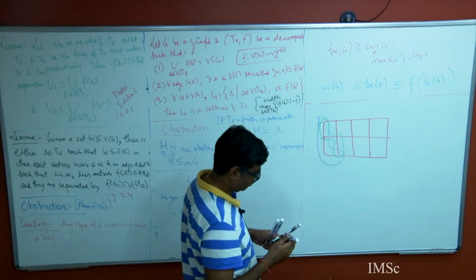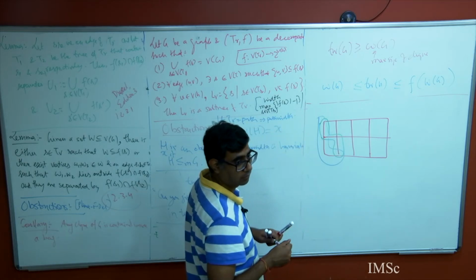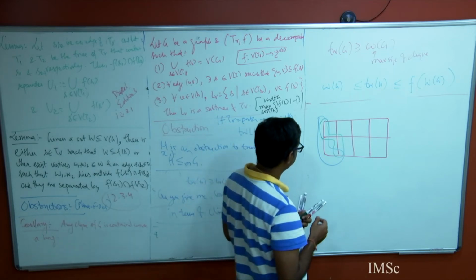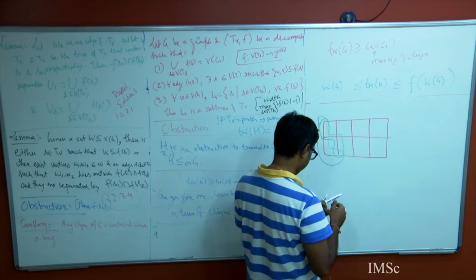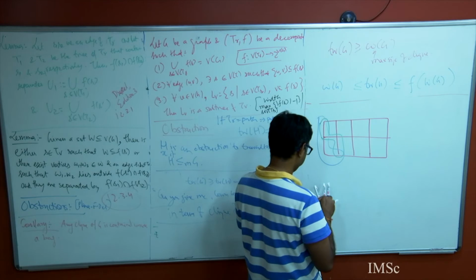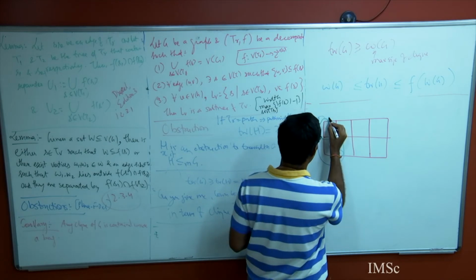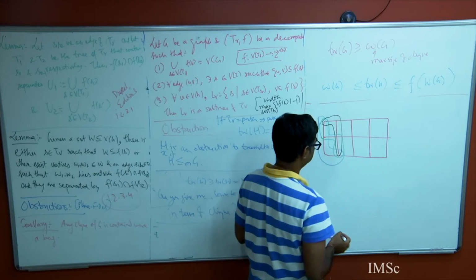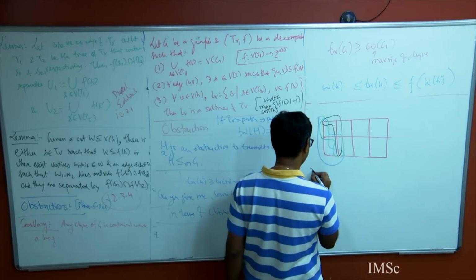Okay. Next, what should I do? Now the first vertex of the first column and all three of the second. Excellent. You mean this? Now we can repeat this. Very good.